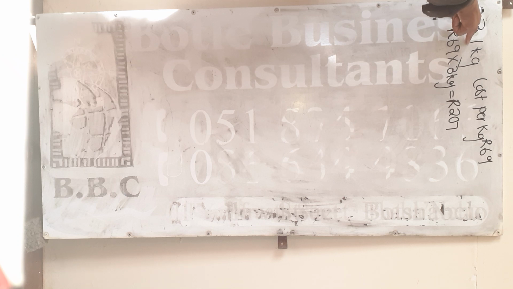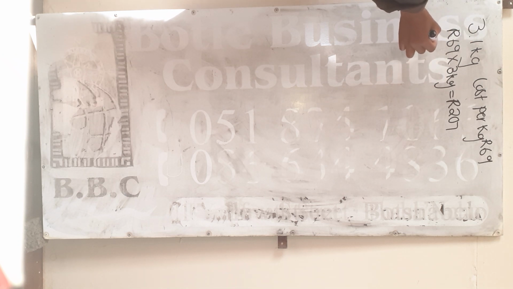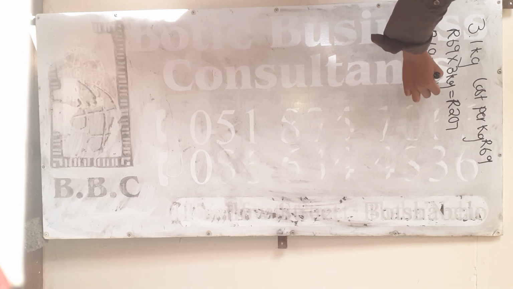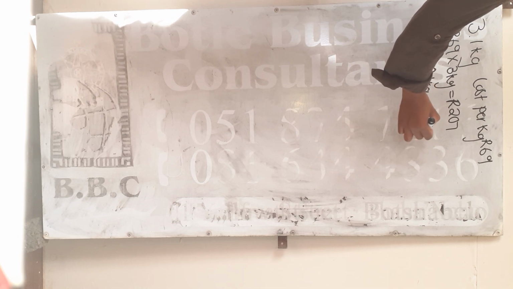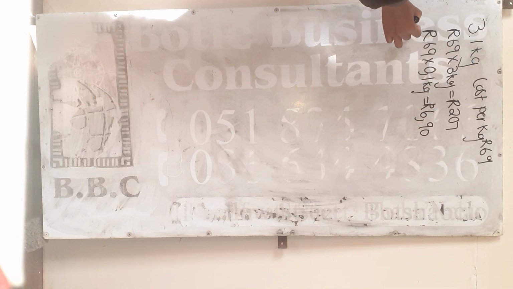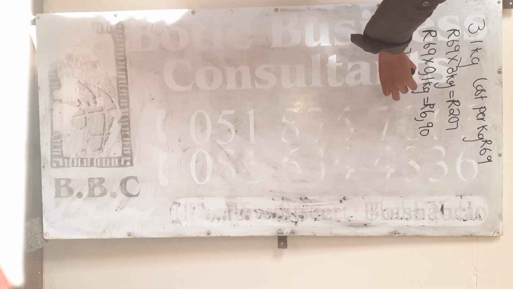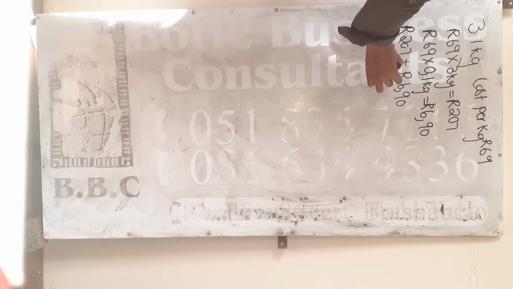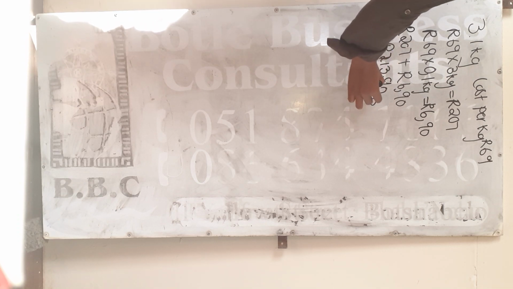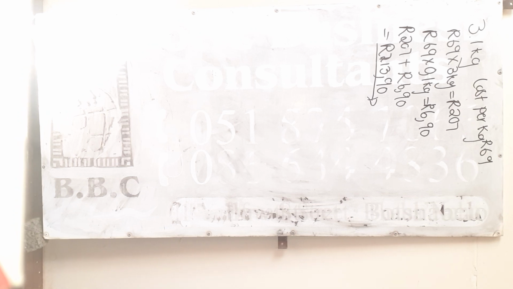And then now is 0.1, so we're going to say 69 times 0.1 kgs, and that will give us 6.90. So we'll just say 207 plus 6 rand 90 is equal to 213 rand 90. So with that said and done, guys, she was charged the correct amount.